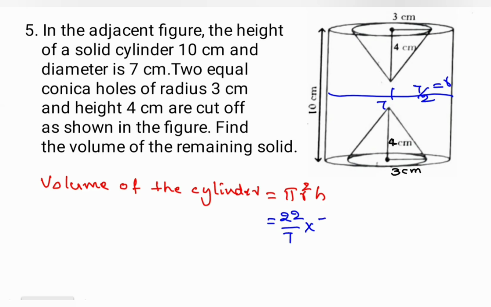So 7 by 2 into 7 by 2 is r square, into h, which is 10 centimeters.